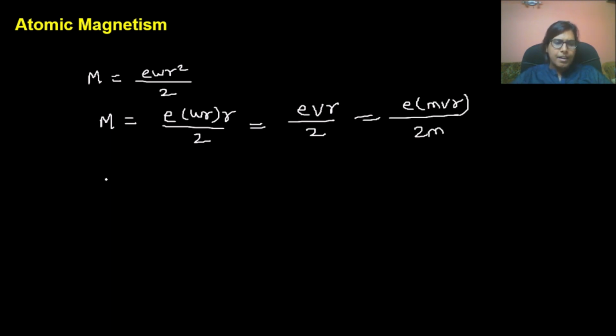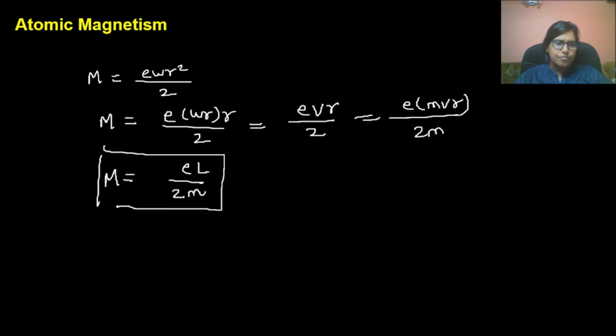So magnetic dipole will be e into L upon 2m. L is angular momentum, which we have calculated as nh upon 2 pi.